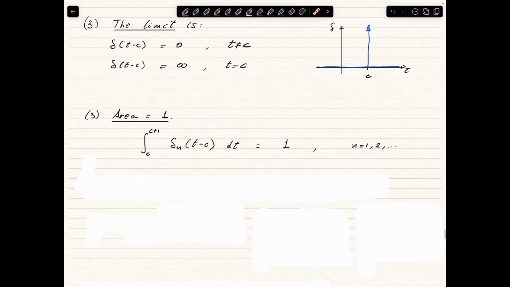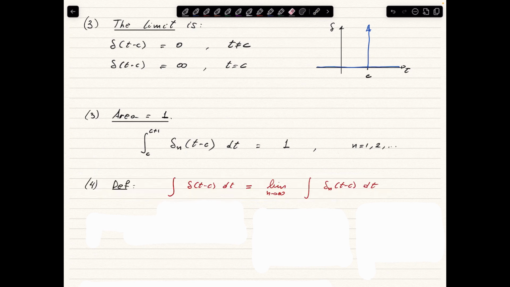So the idea now is that we are going to define, this is a definition now, the integral of the generalized function Dirac Delta as the limit of the integrals of every element in the sequence. So this is how we define the integral of the limit of a sequence of functions, as the limit of the integrals of each element in the sequence.